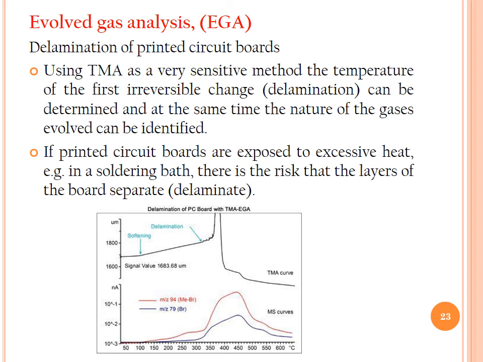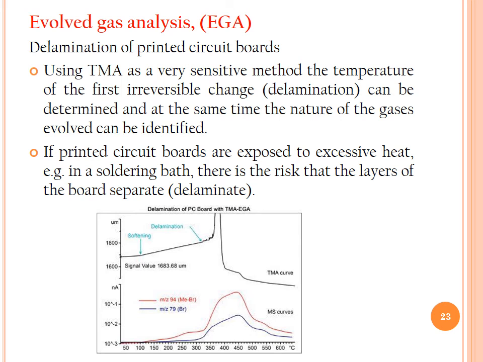For the temperature behavior using TMA, the figure shows the first softening temperature and then the delamination. The delamination has occurred at about 350 degrees centigrade and softening at 100 degrees centigrade.